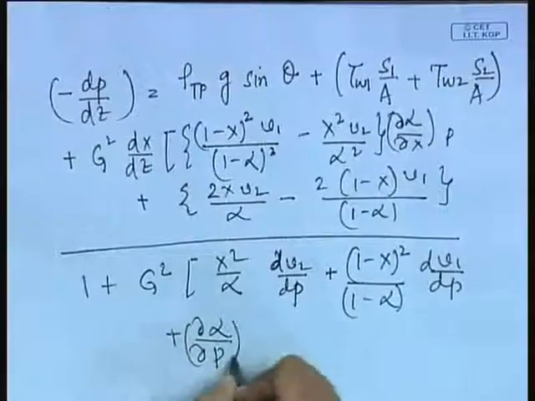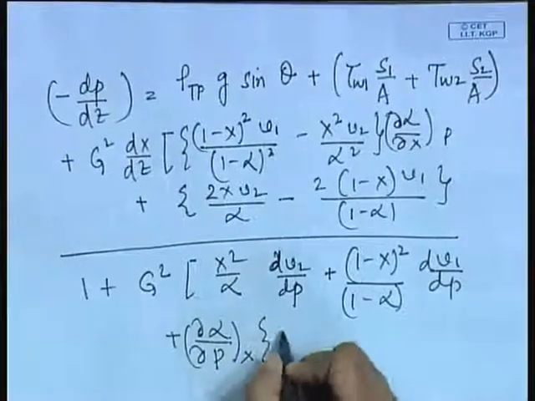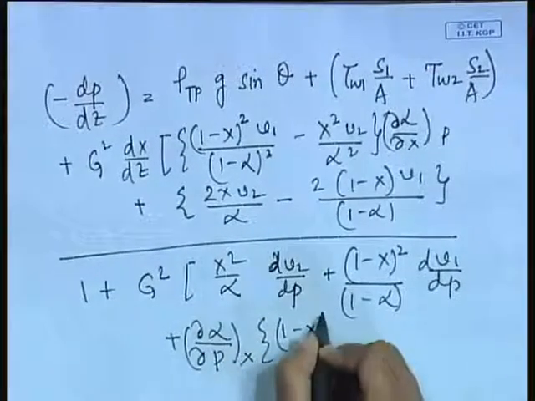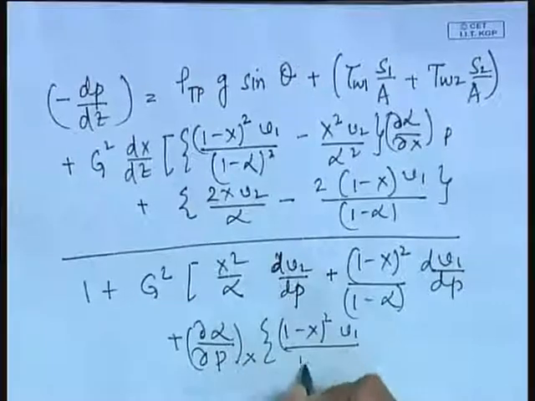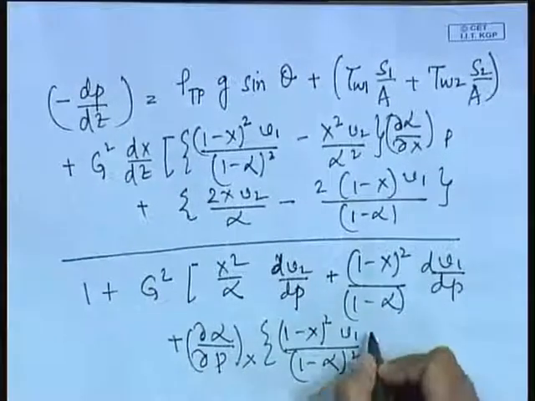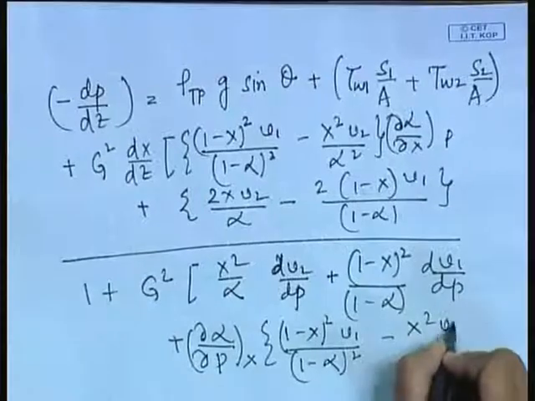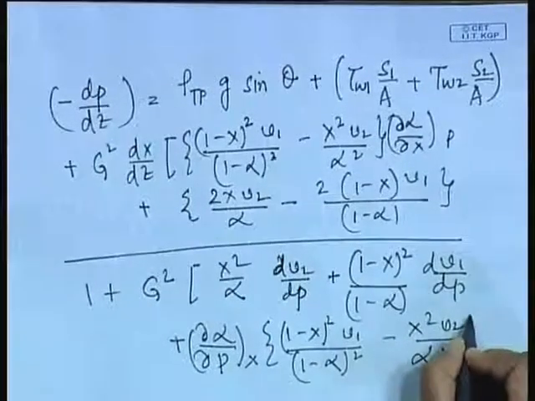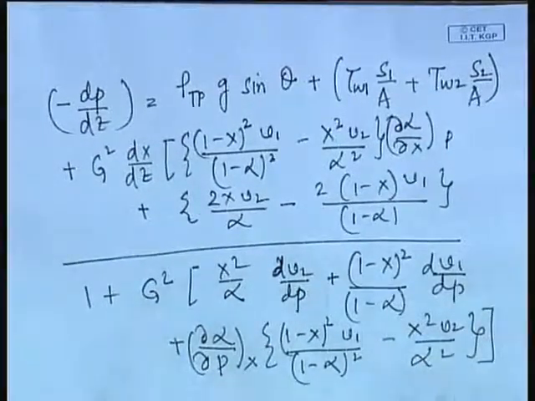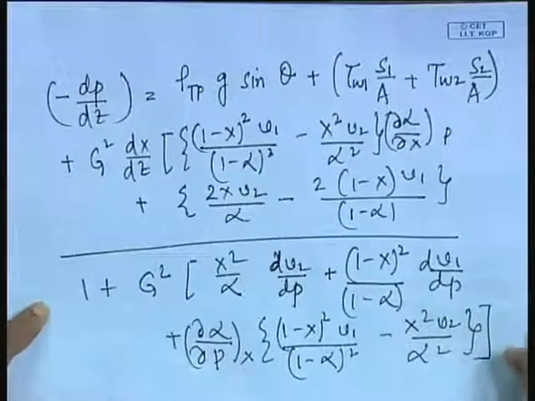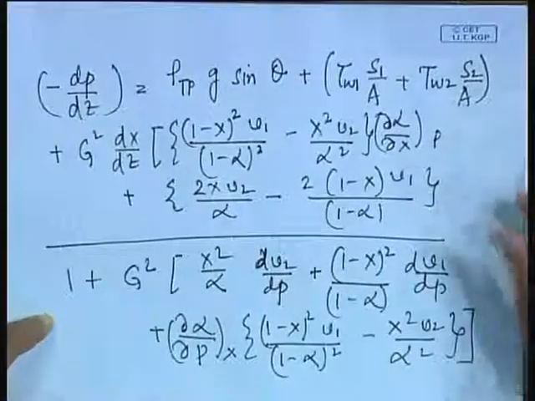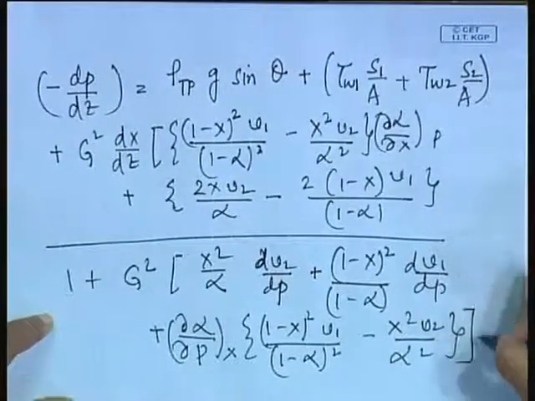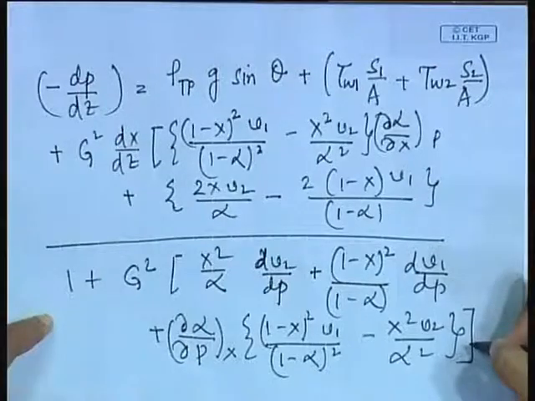Therefore, in this particular case also, if I complete the denominator, this whole thing should correspond to 1 minus Ma squared, and therefore this should correspond to the Mach number for two phase flow under separated flow situations.